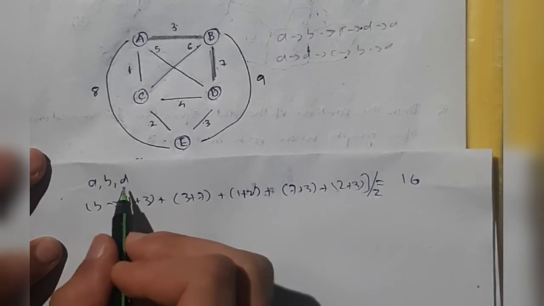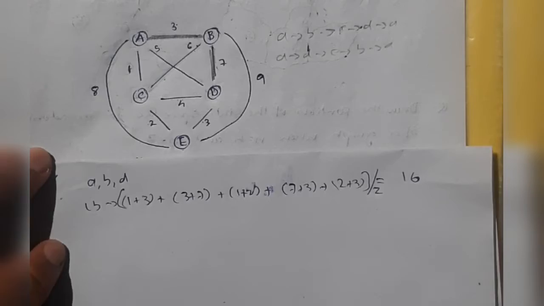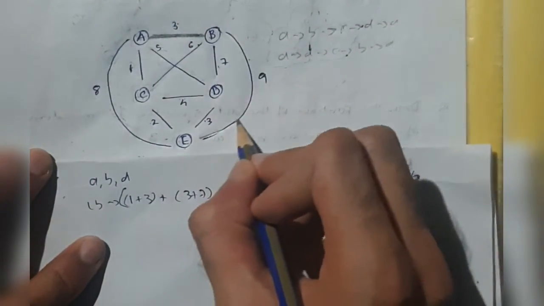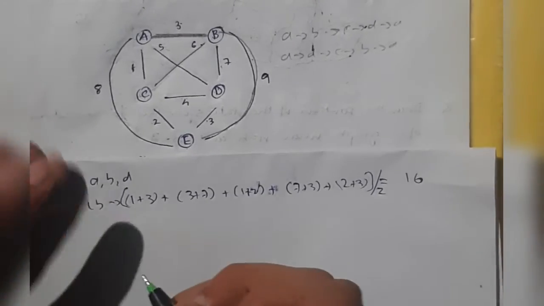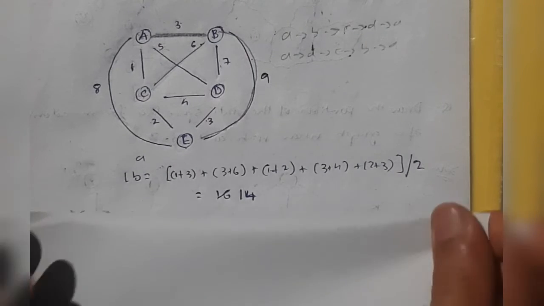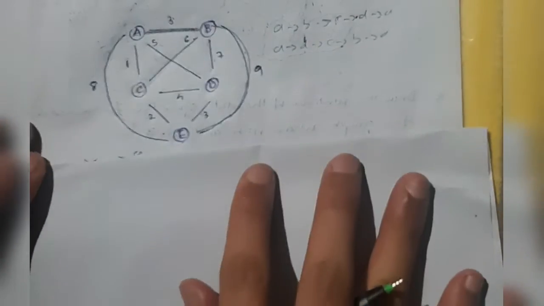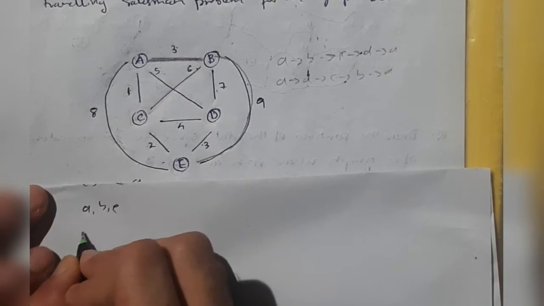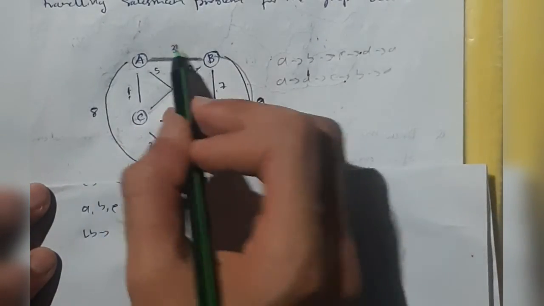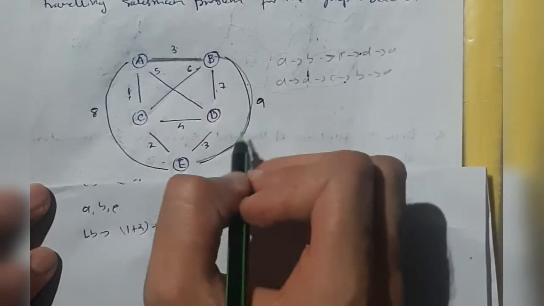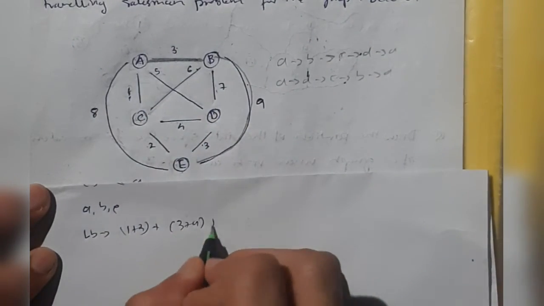Okay, this is for ABD. Then the next one is ABE. We'll be writing here ABE. From A it is 1 and 3. 1 plus 3 plus, and B it is 3 and 9. 3 plus 9 plus.